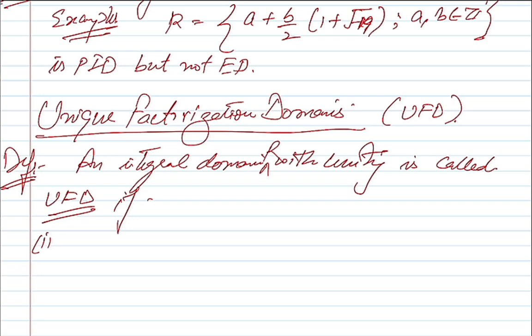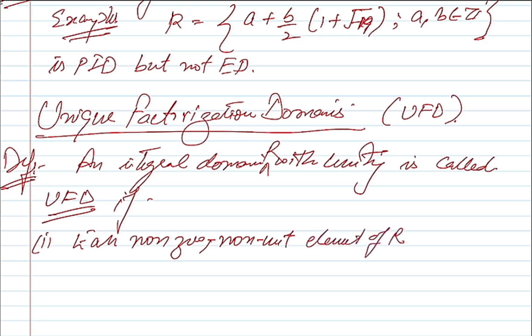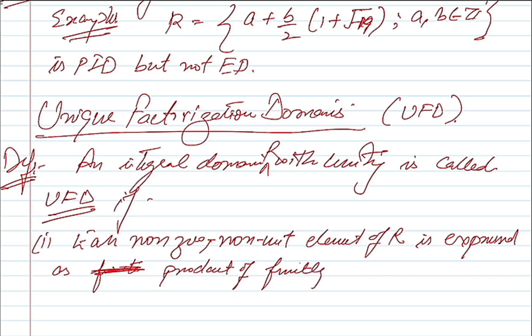So first, each non-zero non-unit element of R is expressed as a product of finitely many irreducibles.